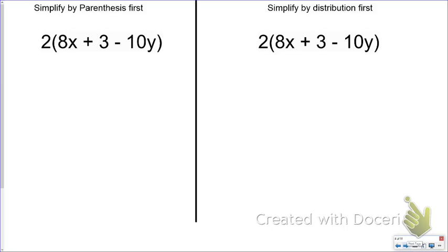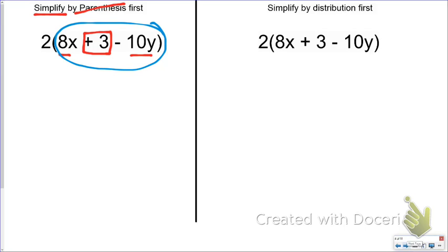Now here's the important part. When you have variables and constants within a group of parentheses, and then I ask you to simplify, I can no longer do so by simplifying like terms within the parentheses. In other words, 8x plus 3 minus 10y can't be simplified. So I just can't simplify by combining like terms within the parentheses.